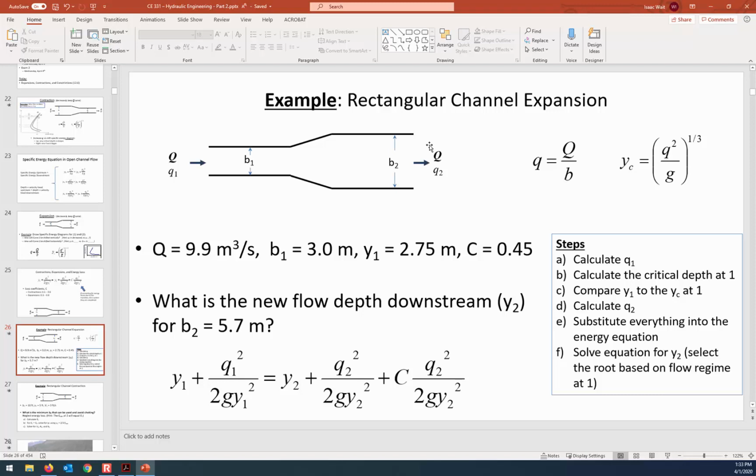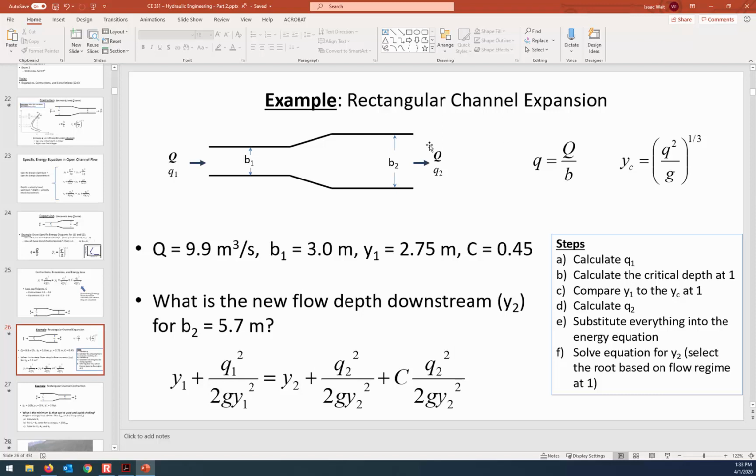And in this case, it's decreasing considerably because that channel got a lot wider and it got a little bit deeper. So the velocity decreased. That doesn't mean that Q in and Q out don't equal. They do. This is still equilibrium. It's still steady flow. It's just the velocity downstream is less.